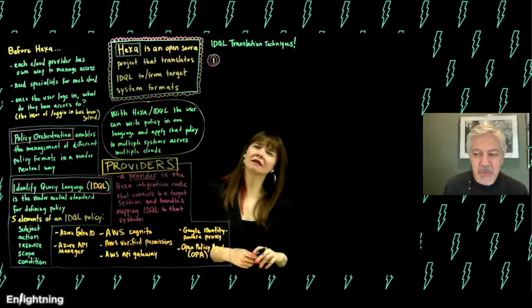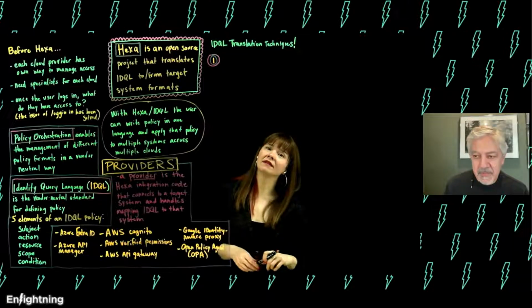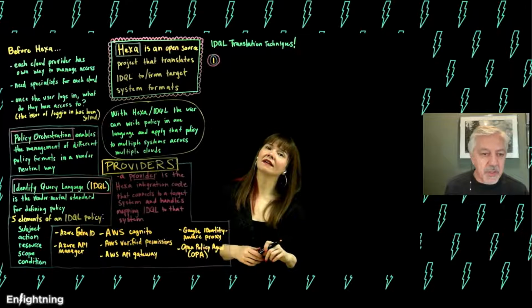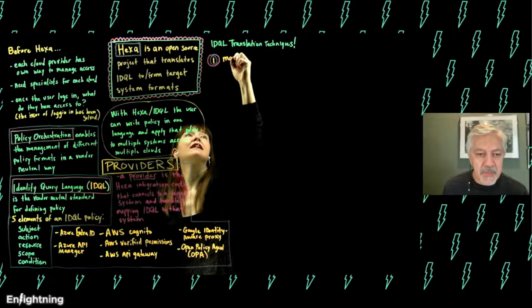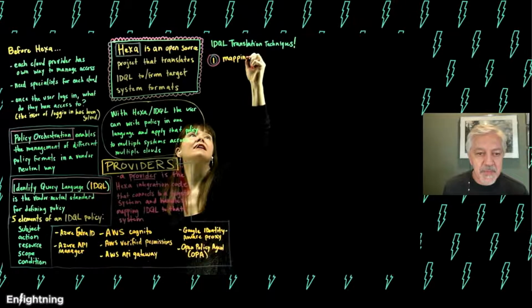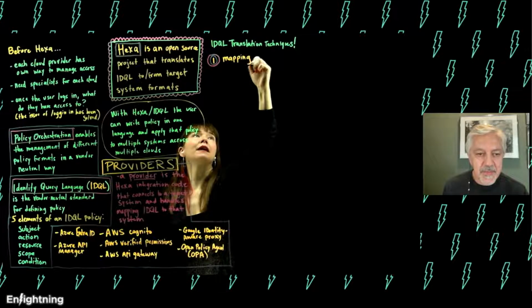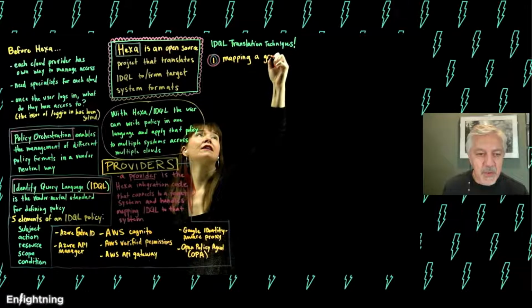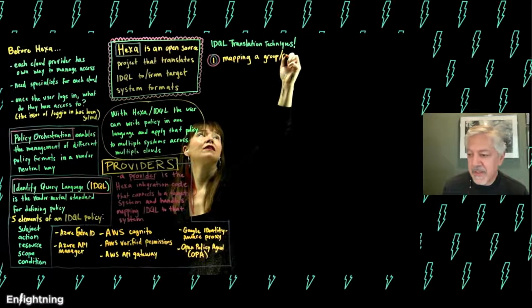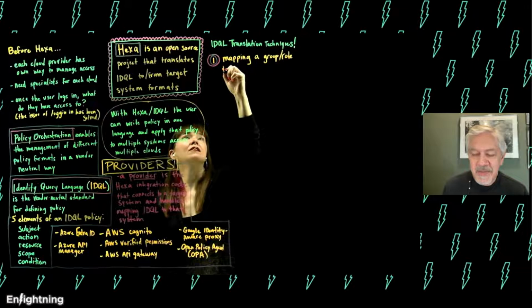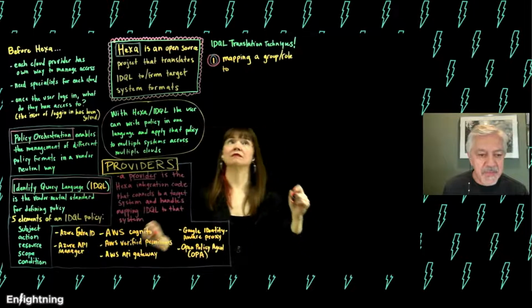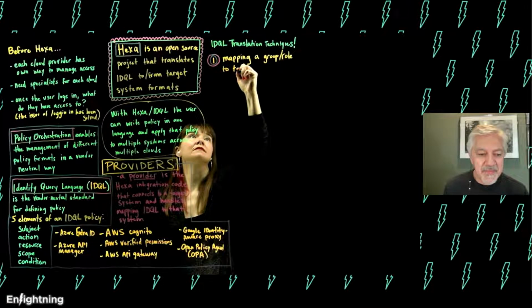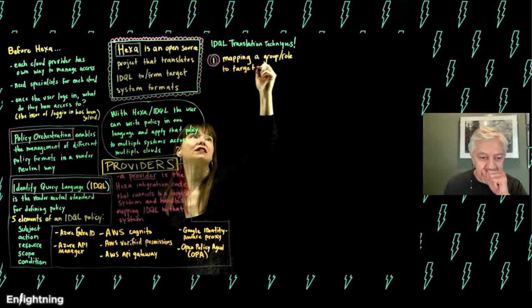So we call this mapping a group or a role to the policy API, mapping a group or a role to the target system format.